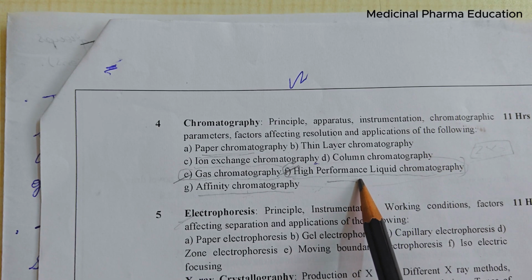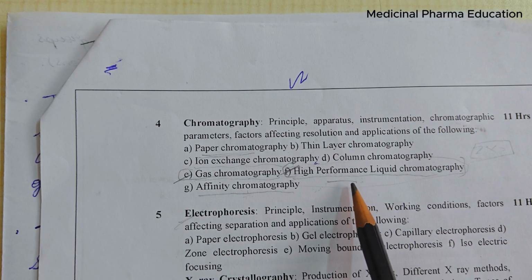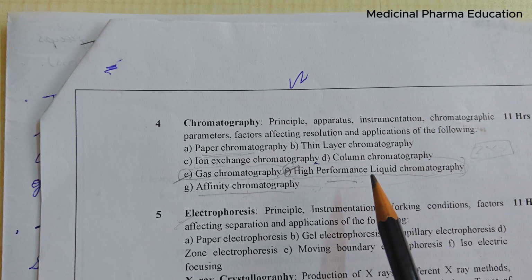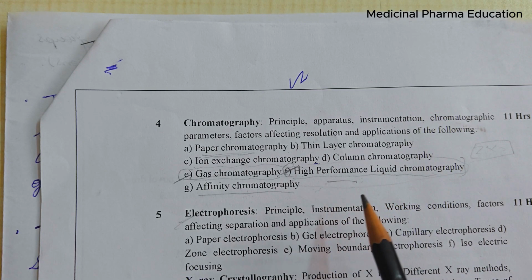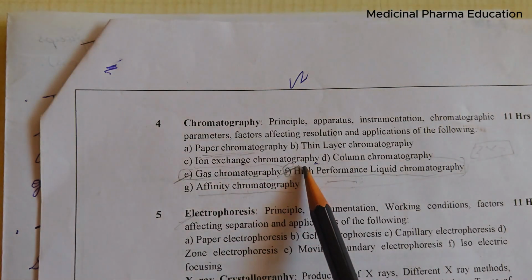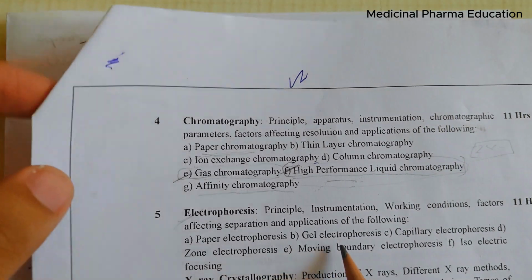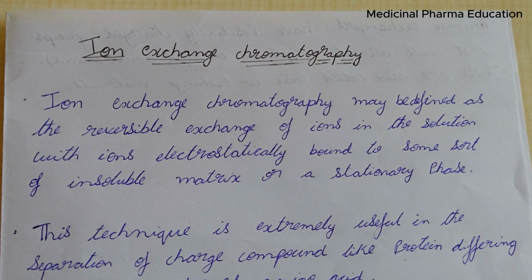I have included every single bit of information, and you have nowhere else to go to find other questions. You can find everything in this HPTLC video. I will make the video and post it today. For now, in this video we'll complete ion exchange chromatography, and in the next video we'll complete column chromatography. Stay tuned, guys.